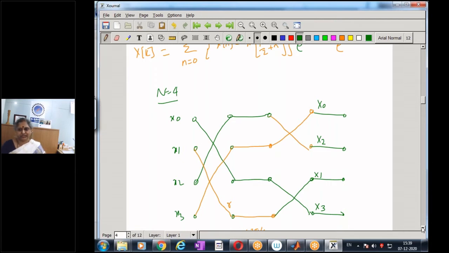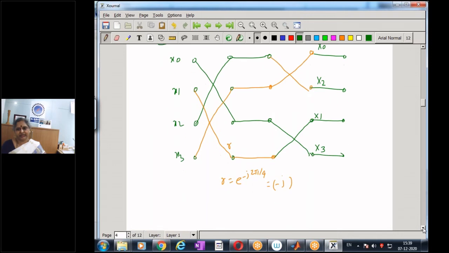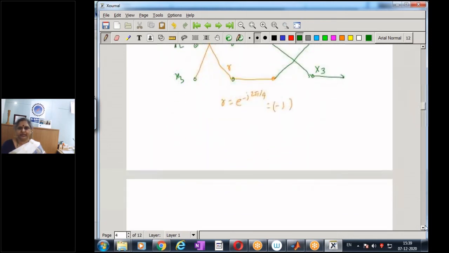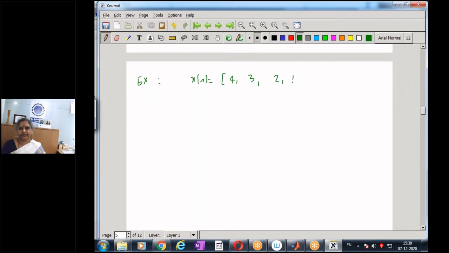So let's try to do this by taking a particular example. Let's define a problem. Say x of n is 4, 3, 2, 1, and the question is to compute the 4-point DIF FFT.